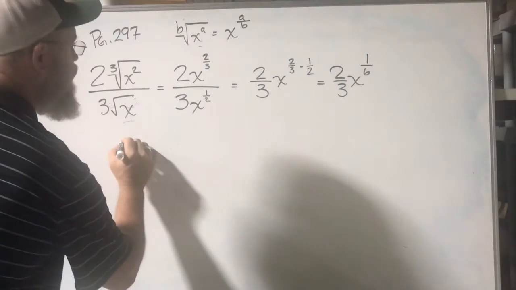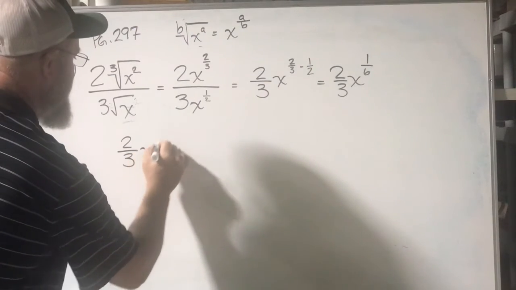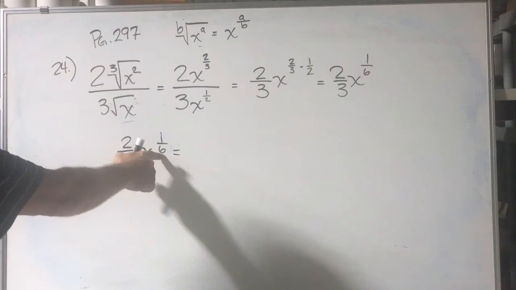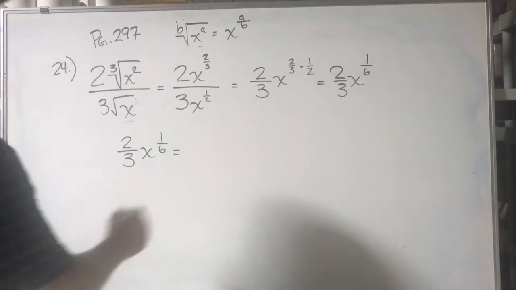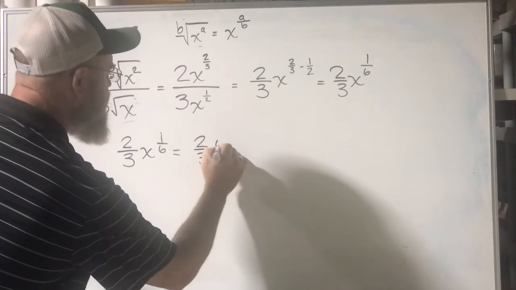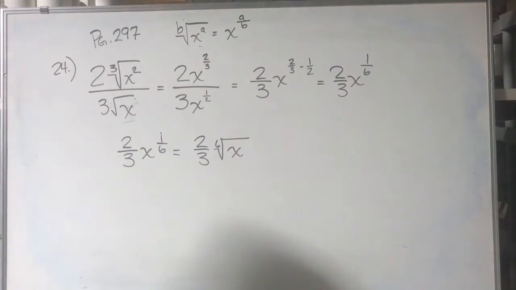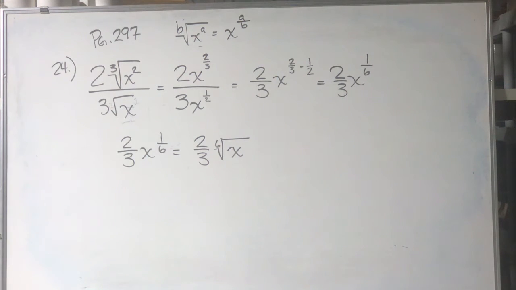So I have 2/3 times x to the 1/6, and, well, what is the denominator? The denominator is the index. So that's going to equal 2/3 times the 6th root of x. And it'll be x to the 1, but x to the 1 is just x.